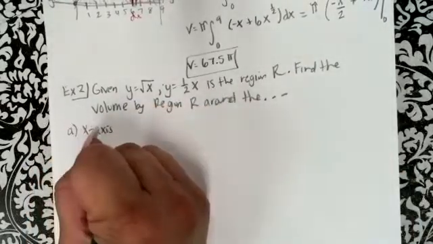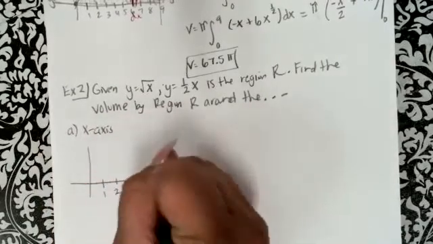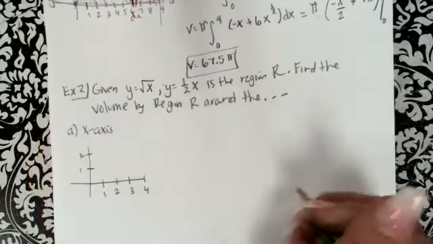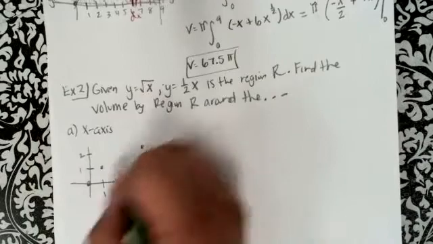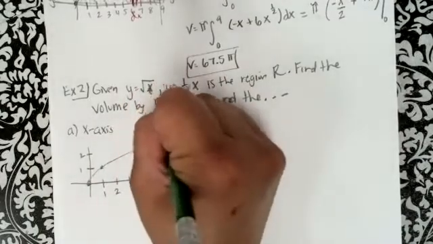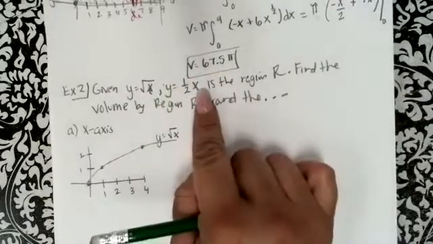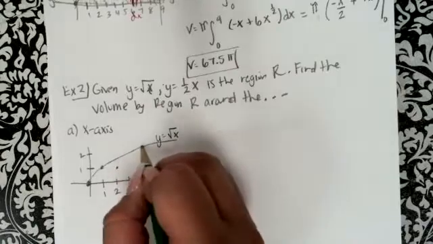the square root of x, let's see, 1, 2, 3, 4. Hopefully we don't have to go any further. So the square root of x is going to look like this. One half x looks like this, up 1 over 2, up 1 over 2.